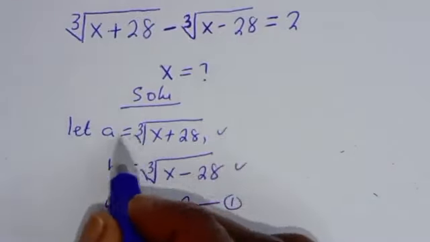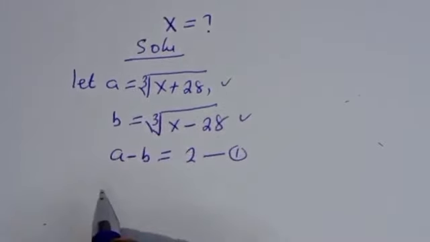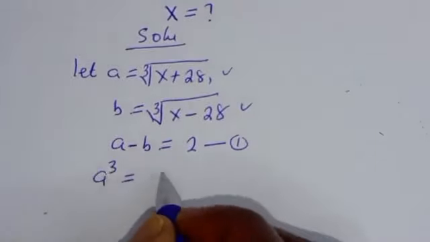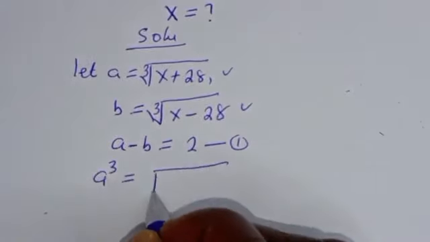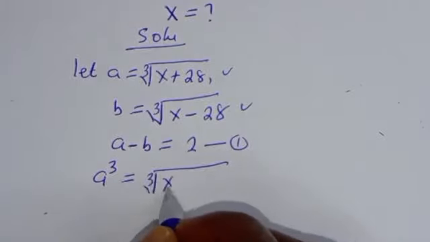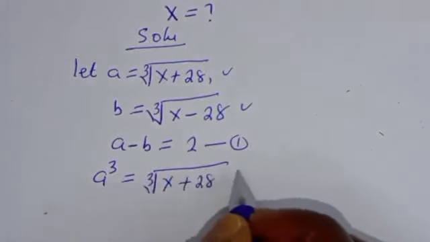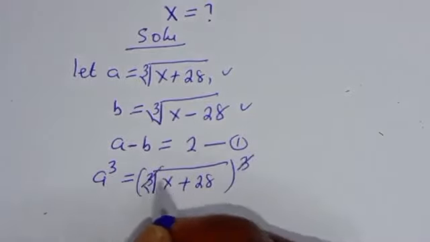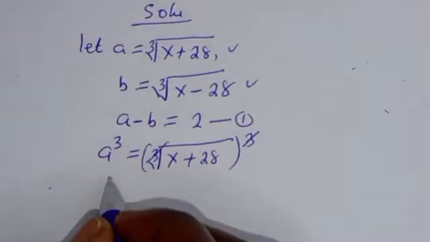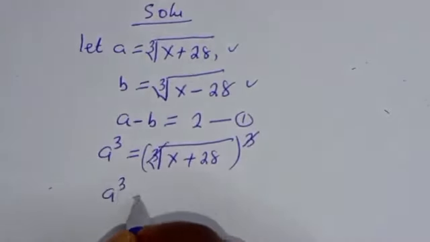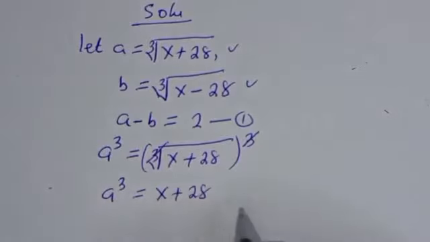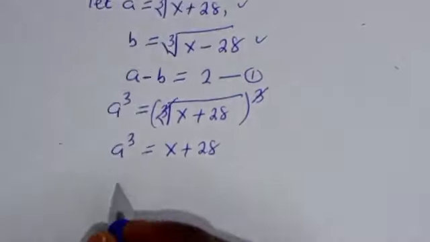From here and here, let's take the cube of both sides. A cube is equal to the cube root of s plus 28, cubed. This will cancel this. A cube is equal to s plus 28.